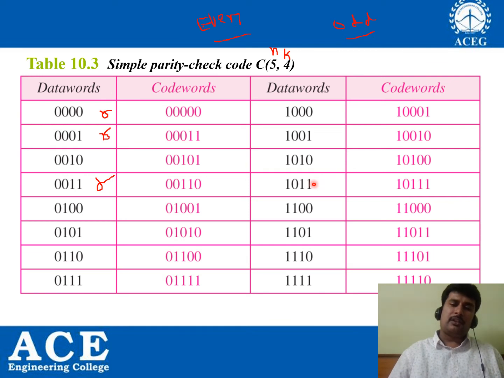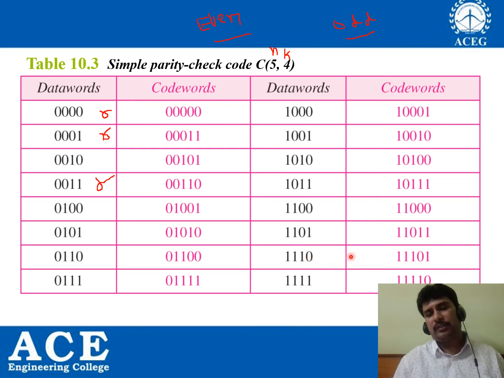1 0 1 1, odd, r equal to 1. 1 1 0 0, even, so we put r equal to 0. 1 1 0 1, odd, so r equal to 1. 1 1 1 0, odd, so we are going to place r equal to 1. Last one, all 4 bits of data are 1, which is even, so we will have the redundancy bit as 0.